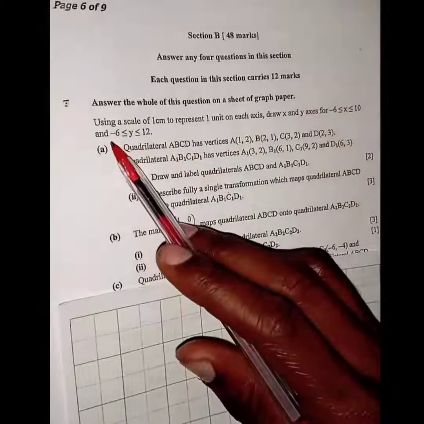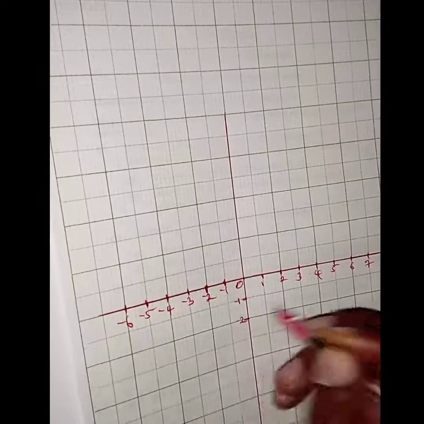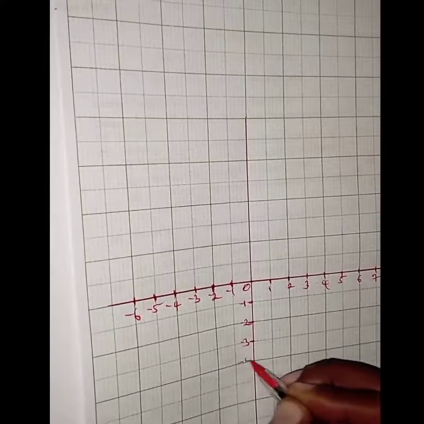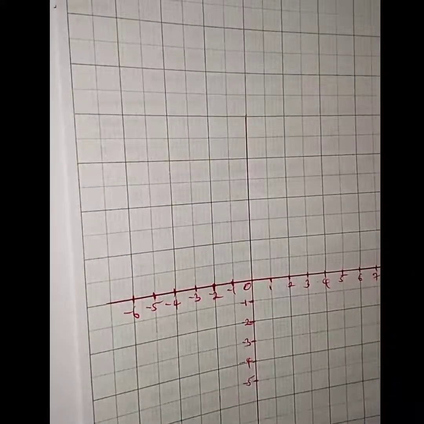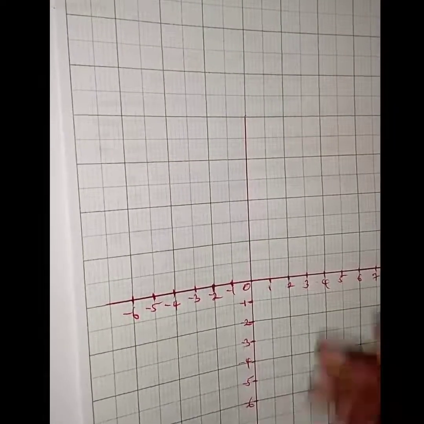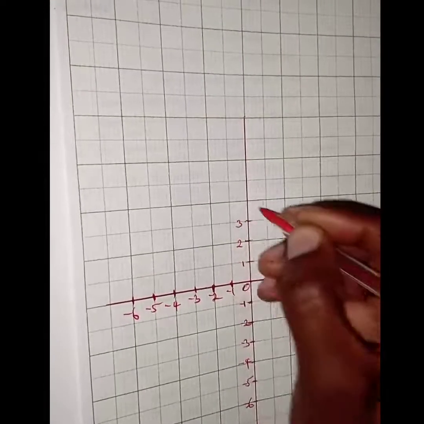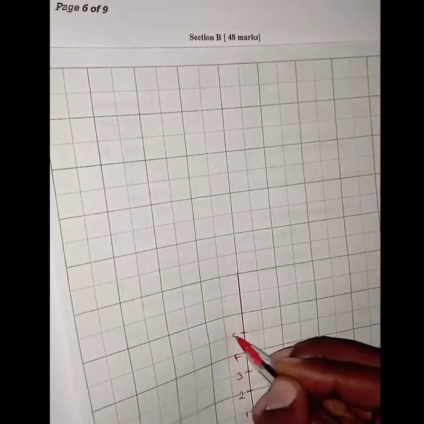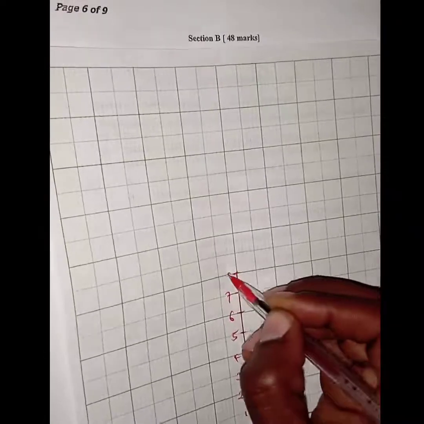Then on the y-axis, from -6 to +12. So -1 here, -2, -3, -4, -5, -6. Then +12: 1, 2, 3, 4, 5, 6, 7, 8.